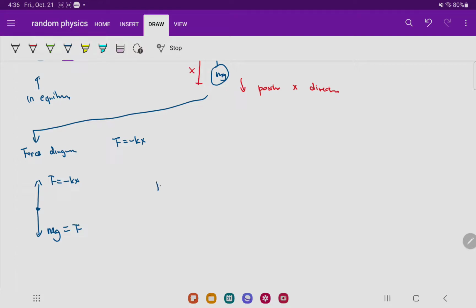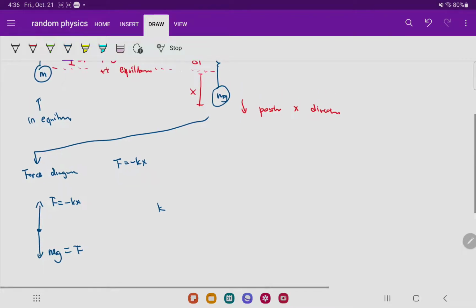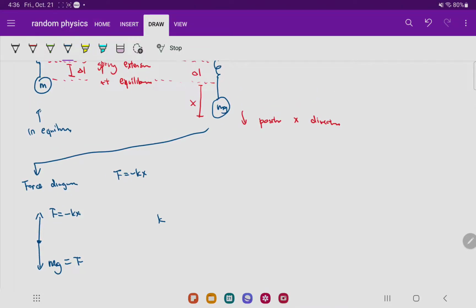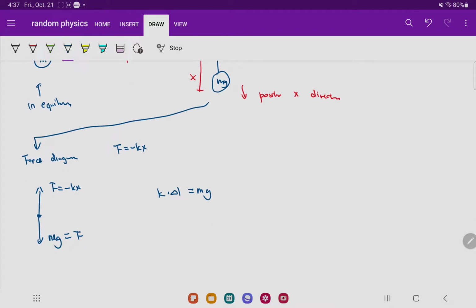So we know that our x in this case is actually going to be the spring extension at equilibrium. We make that equal to mg, and then again we write g as the second derivative of position.